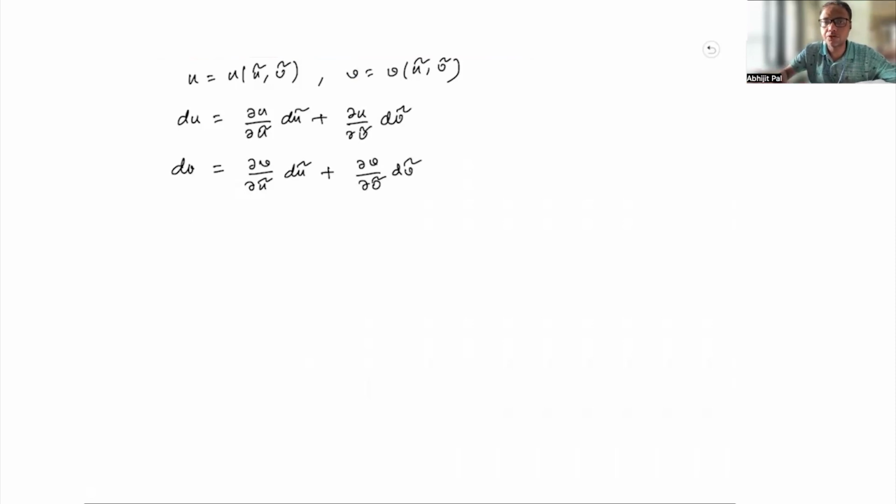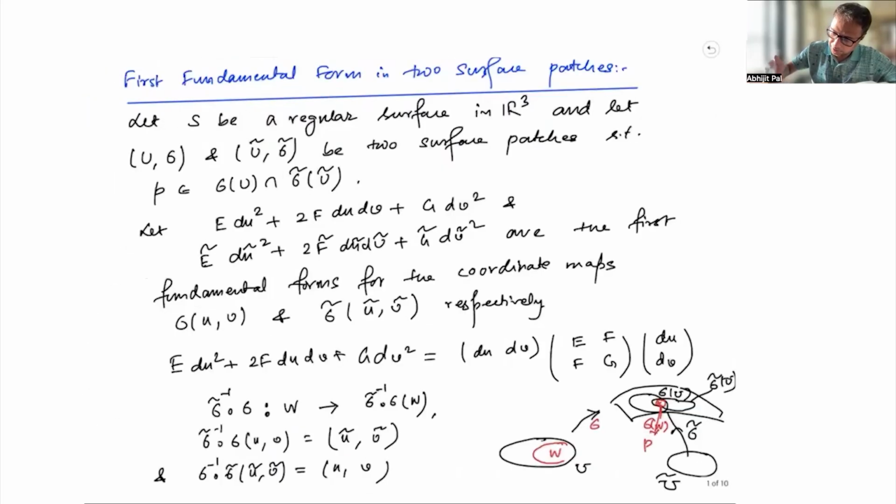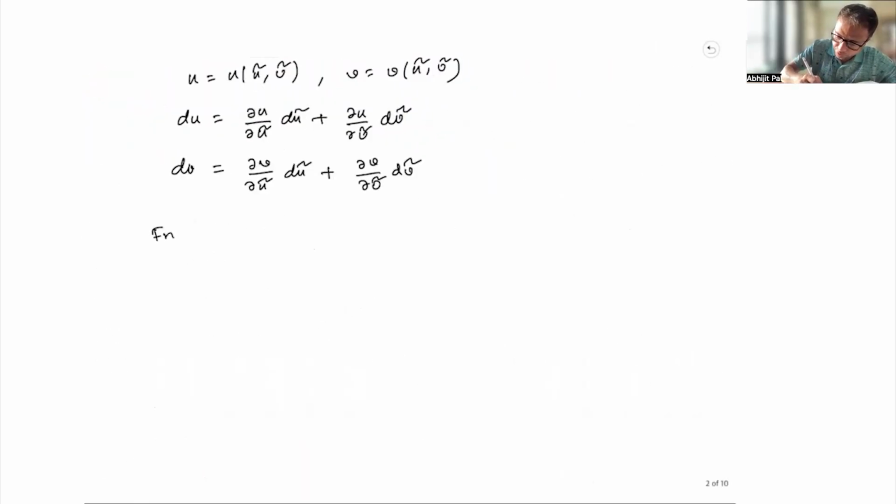Okay, so I have these two equations, and now from the star equation, what I'll get is E du square plus twice F du dv plus G dv square.